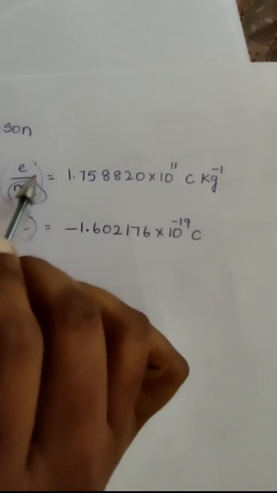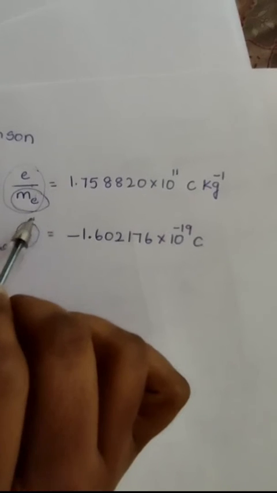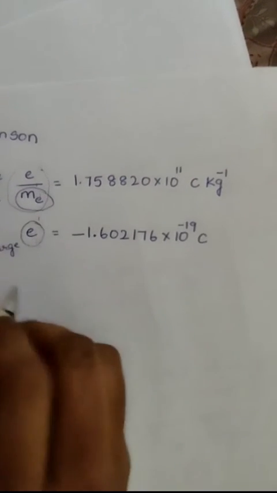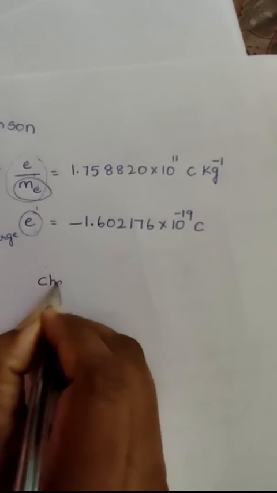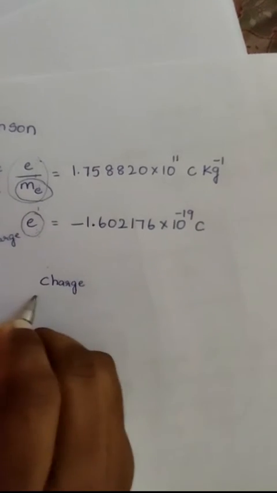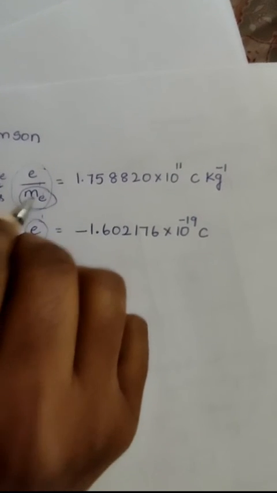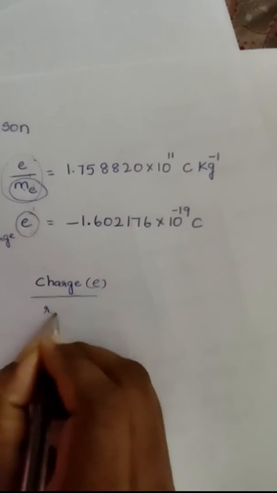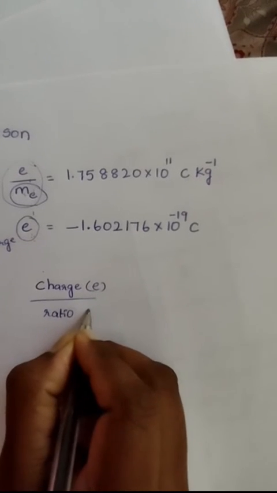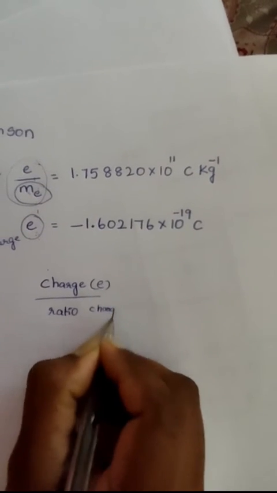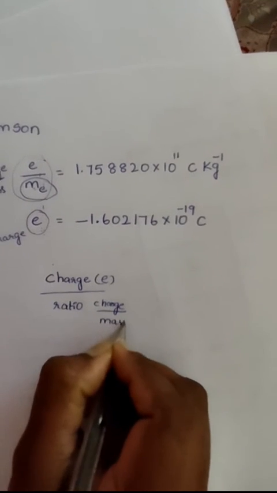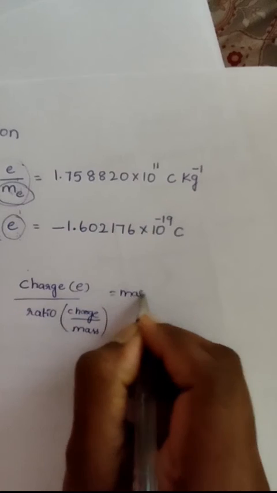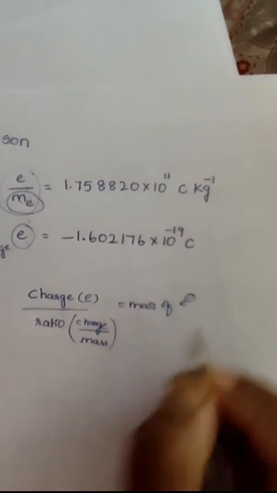See here, if we divide the charge, that is E, by the charge by mass ratio, we get the mass of the electron.